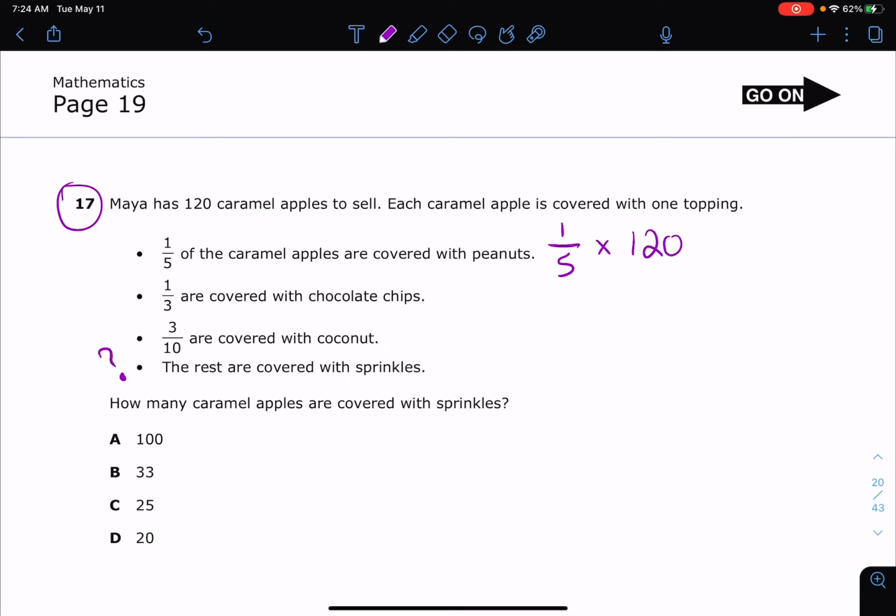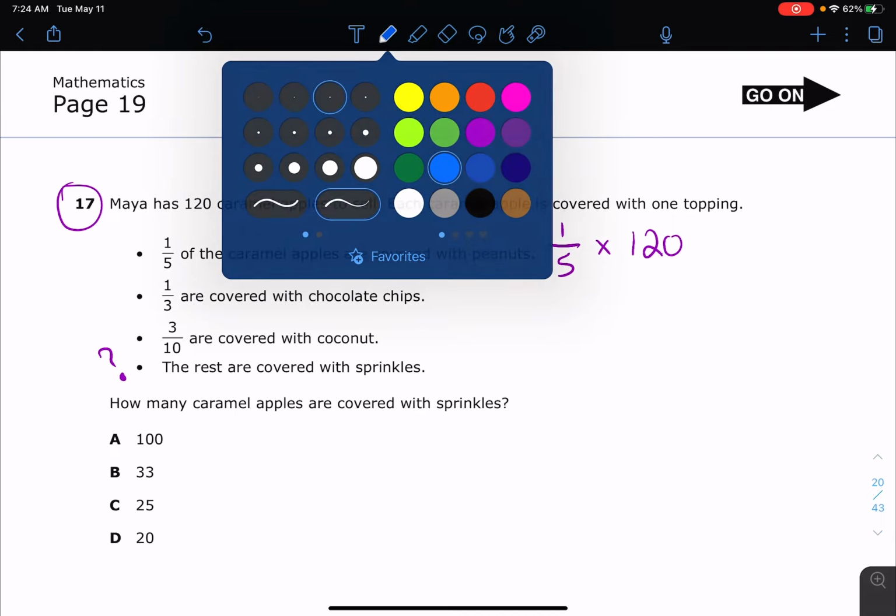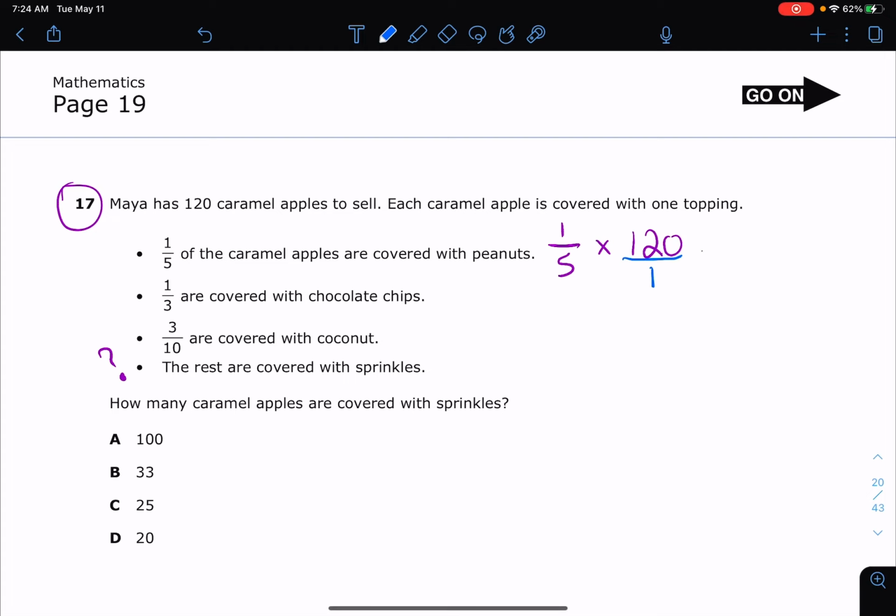How do I multiply a fraction with a whole number? ¿Cómo multiplico una fracción con número entero? I have to add a 1 under. Remember, top times top, bottom times bottom. 120 divided by 5, over 5. And remember, fractions are always division.